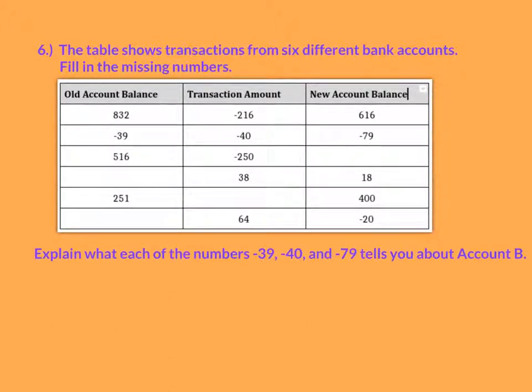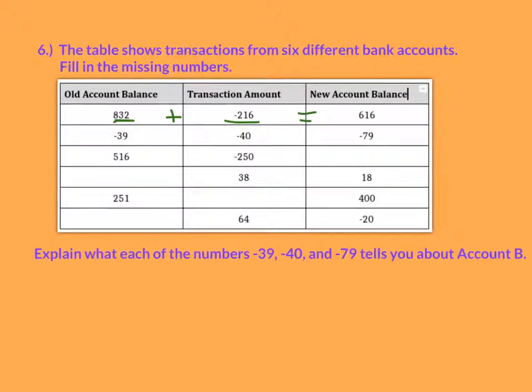The table shows transactions from 6 different bank accounts. Fill in the missing numbers. Okay, so that means I'm going to be looking across my old account balance. That means I start at 832, and then I add negative 216, which really means in essence that I'm subtracting 216, so that equals 616.